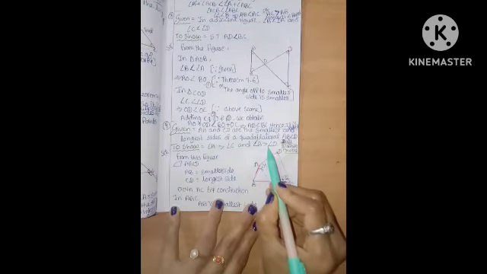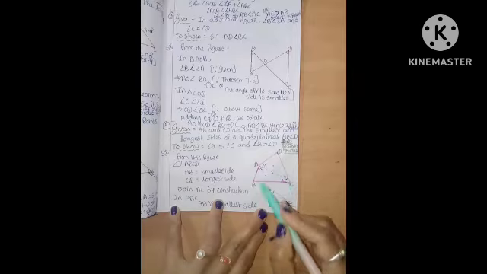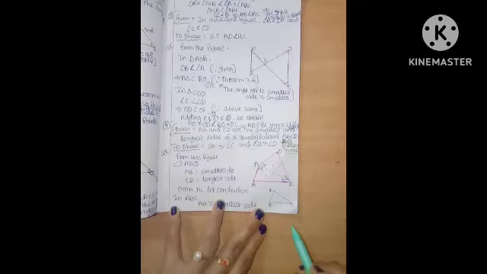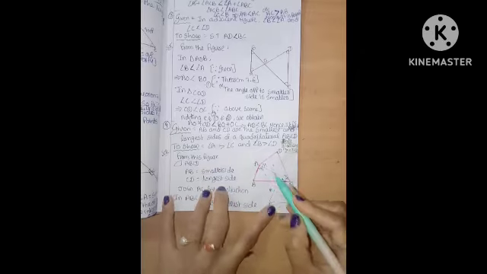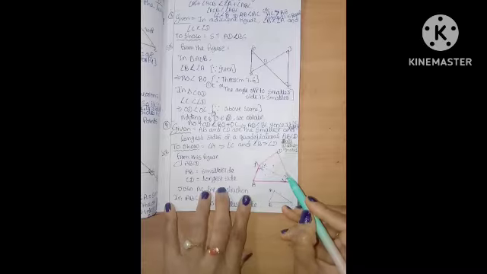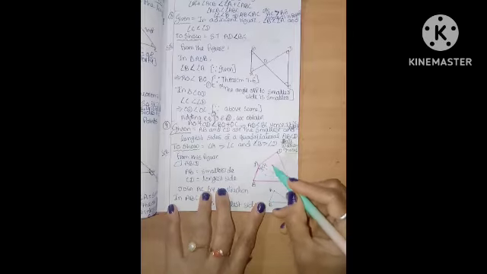How will you show that? This is the quadrilateral and it is not a construction. So first we have to construct a triangle by another construction.